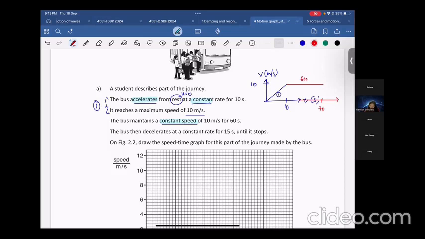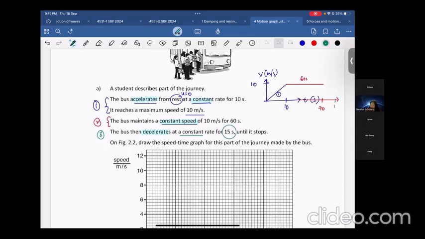Okay. Then the bus decelerates. Highlight, this is the third motion. This is the second motion. I'm using red color. Third motion, I'm using green color. Decelerate, that means slow down, at constant rate, that means constant deceleration for 15 seconds. Just now I already used 70 seconds.